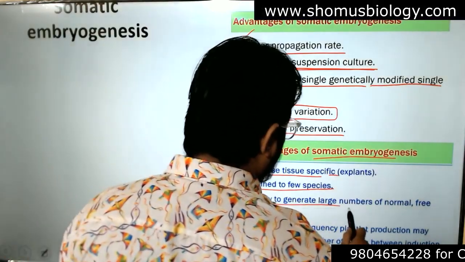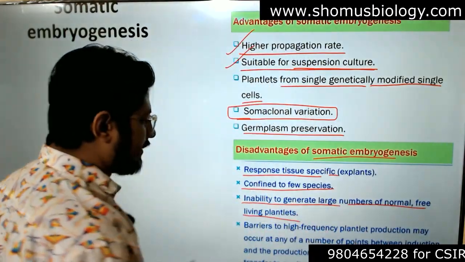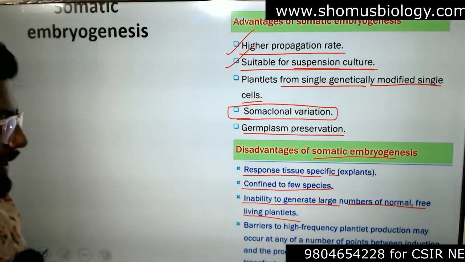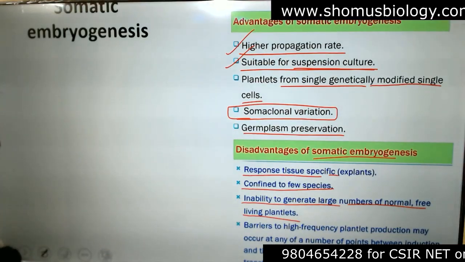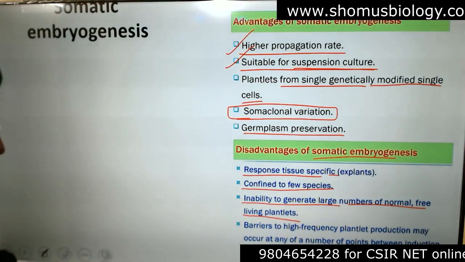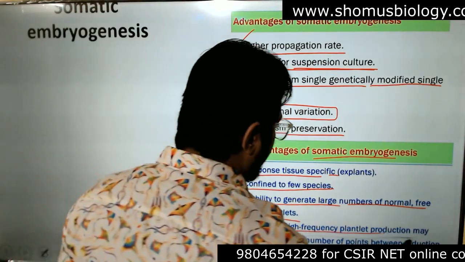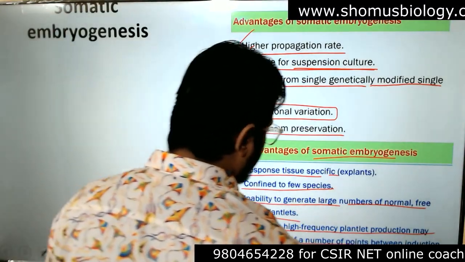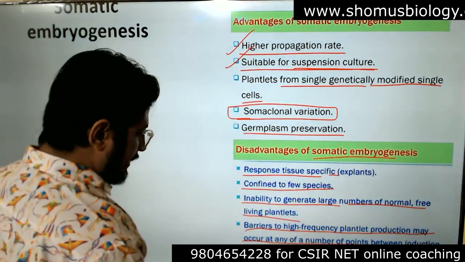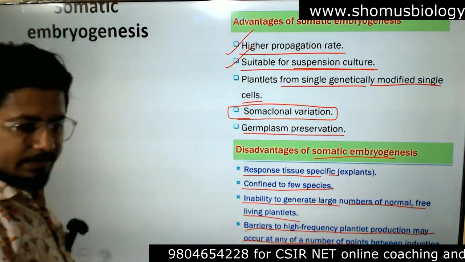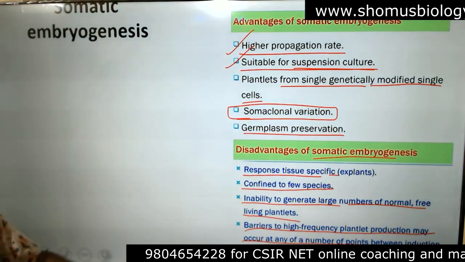There is an inability to generate large numbers of normal free-living plantlets. And barriers to high frequency plantlet production may occur at any number of points between induction and production of plantlets capable of surviving and transferring to the ex vivo condition.